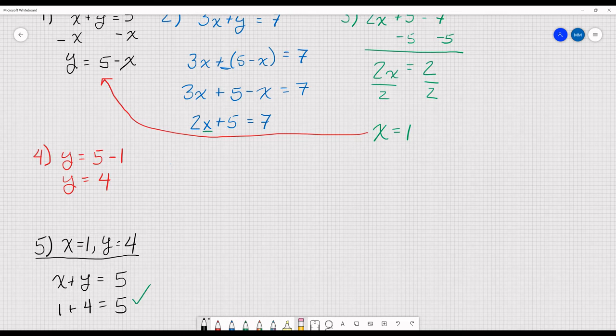Perfect. Second equation said I want 3x plus y to be equal to 7. Well, 3 times 1 and y is 4. Well, that's 3 plus 4. So yes, that is indeed 7. 3 plus 4 is 7.